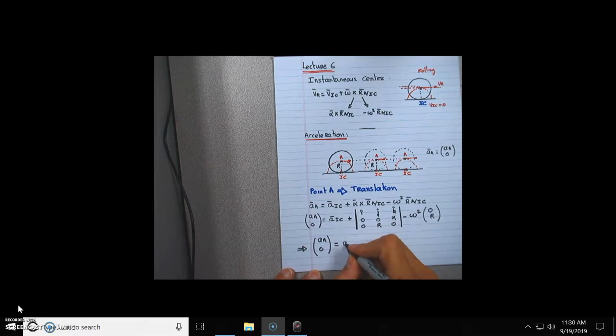We have the acceleration of the instantaneous center plus what? What would this one be equal to? Minus alpha r, plus 0, minus omega squared r.